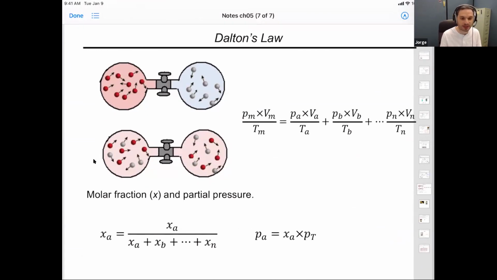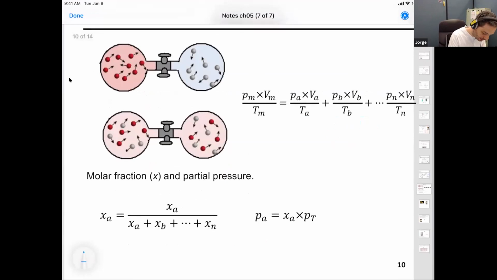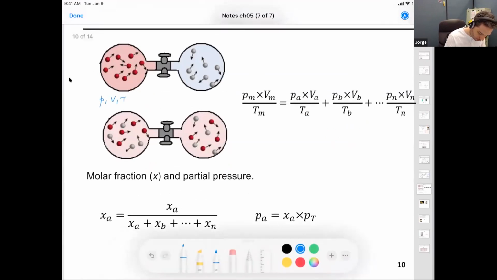For this example, we have the red gas on the left side and a gray gas on the right side. Each of those gases has a different pressure, volume, and temperature.